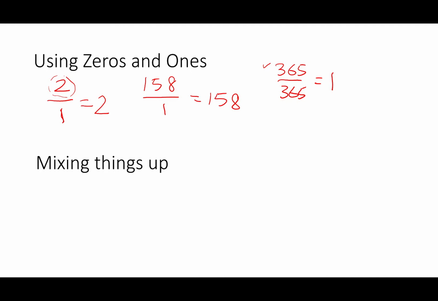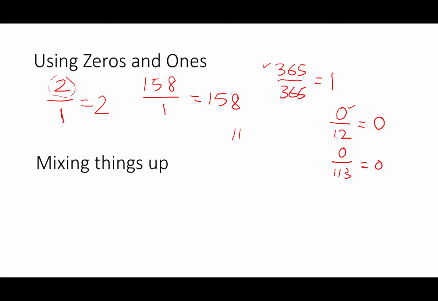When the numerator of a fraction is 0, for example 0 over 12, the fraction will be equivalent to 0. In fact, 0 divided by any number, you will get 0. Okay? Now notice that the numerator can be 0 but not the denominator.